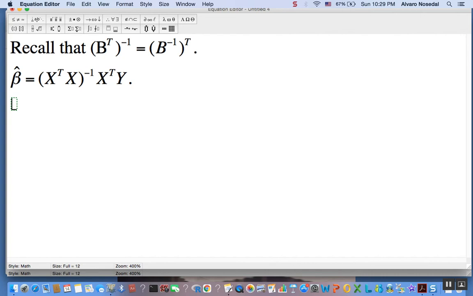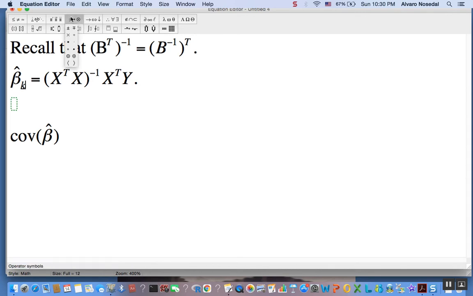So what we said is we would like to find the covariance of beta hat. And we know that this, in general, is going to have, say, k unknown parameters.